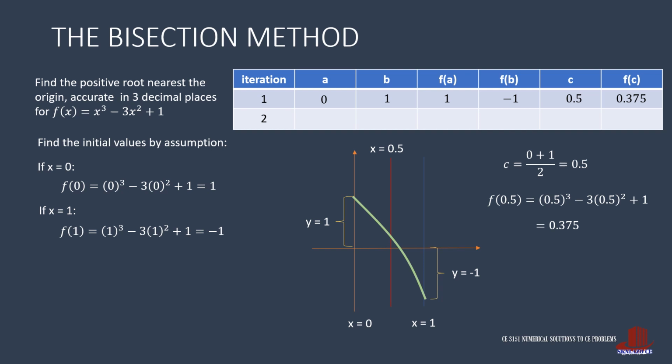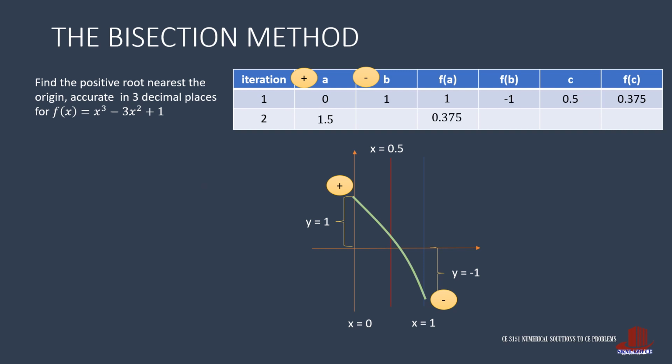Next is to identify which limit should be replaced by c. Take a look at the sign of f of c, which in this case is positive. This entails that c should replace the positive initial limit, which is a. So f of a for the second iteration is 0.375. b and f of b remain the same, so they are just copied down to the second iteration.